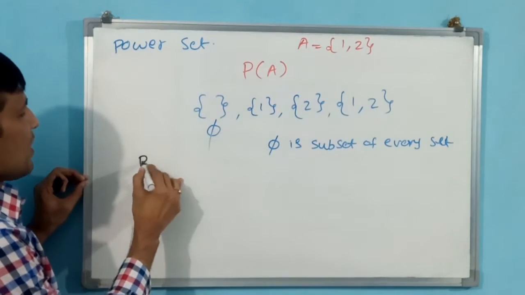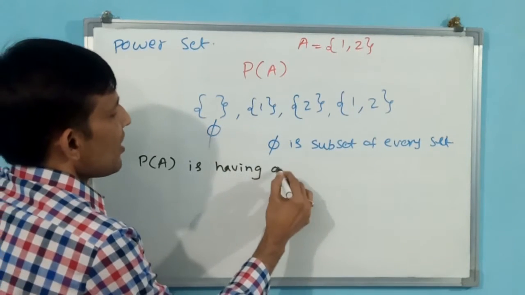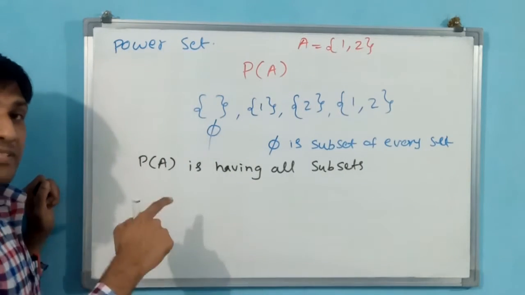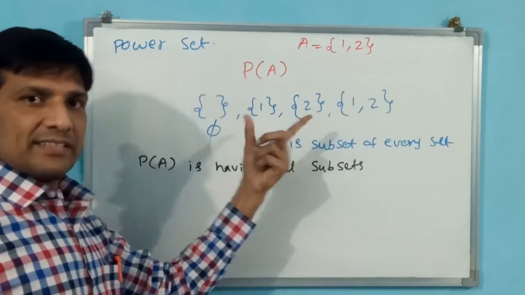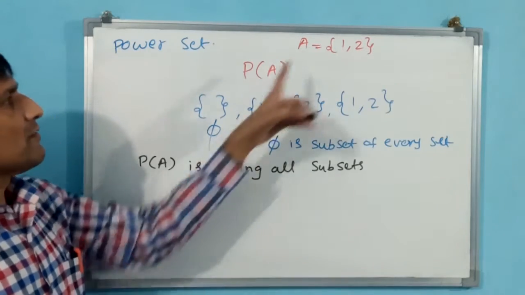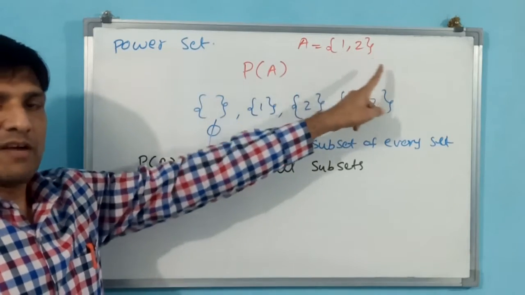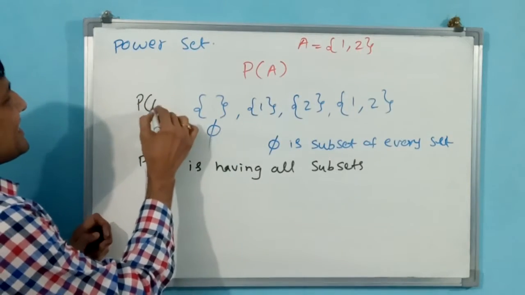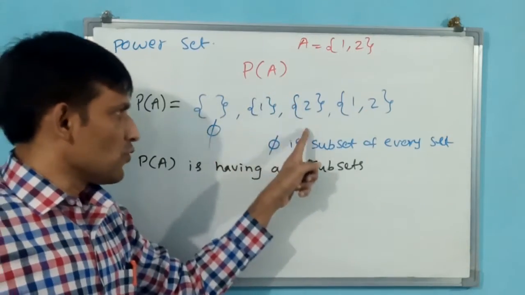That means the power set has all subsets, together these four subsets. Simply set means A, A is {1, 2}. Power set of A is equal to how much? Power set of A is equal to {phi, {1}, {2}, {1, 2}}.